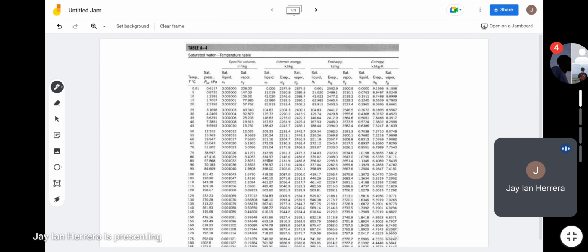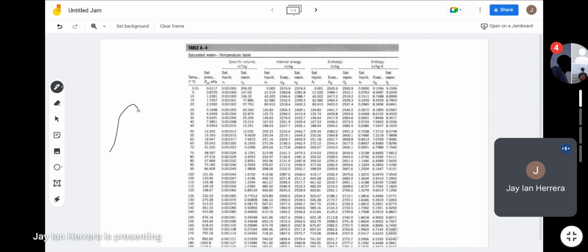So, let's say, for example, under this column, meron tayong internal energy. So under 80 degrees, makukuha natin yung uf, internal energy na saturated liquid. So maalala nyo, di ba?